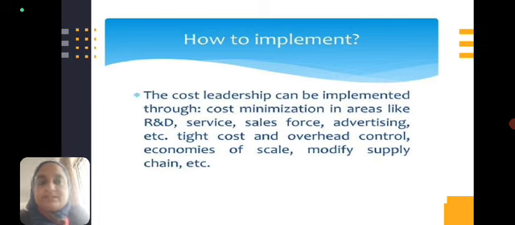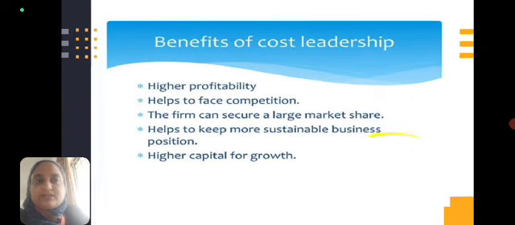The cost leadership can be implemented through cost minimization in areas like research and development, where research can be done and new products can be developed to minimize the cost. Also services, sales force, advertisements, tight cost and overhead control, economies of scale, modified supply chain, etc., where we can minimize the cost.